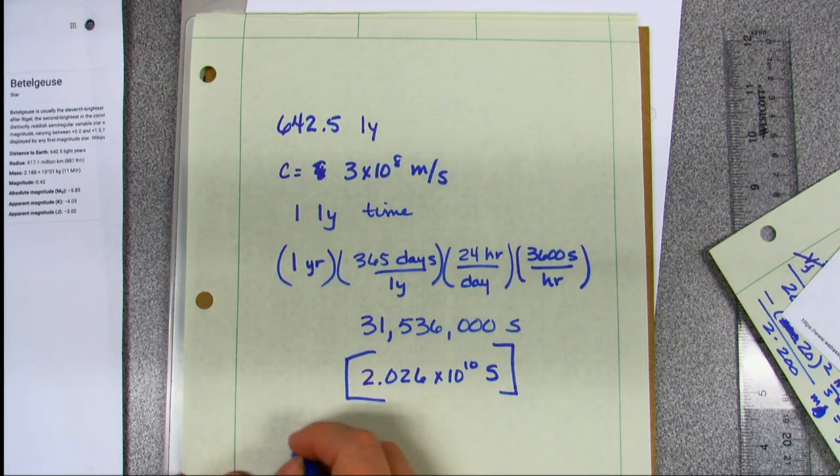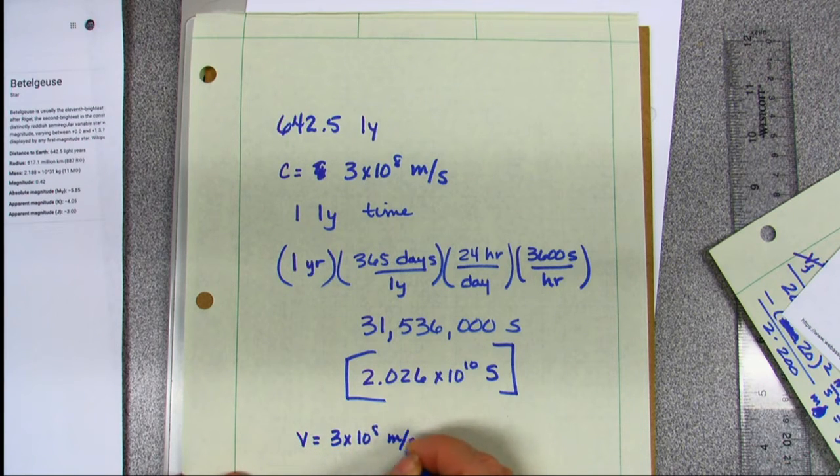So if that's the case, my speed, which is equal to 3 times 10 to the 8 meters per second, is equal to distance divided by time. So if I take speed times time, that equals distance.